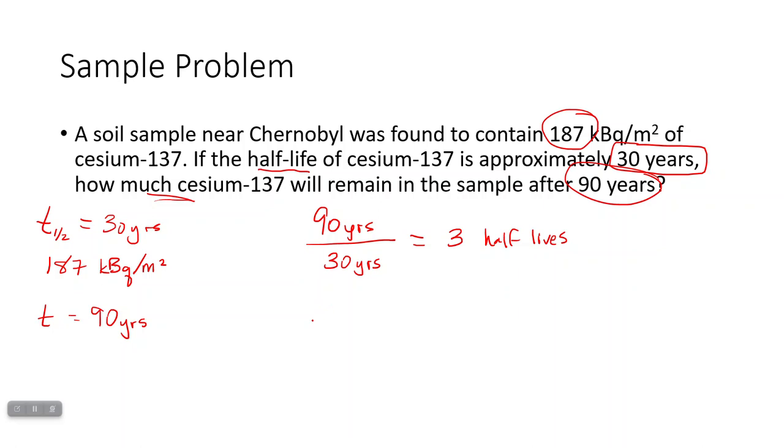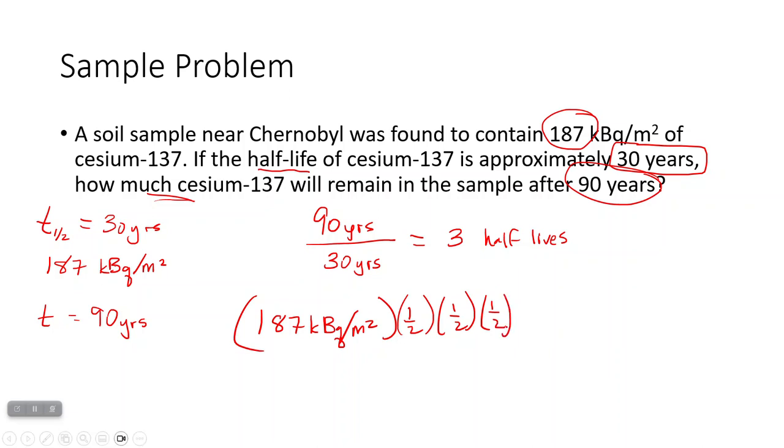So that means you're going to cut 187 kBq per meter squared in half 3 times. So times 1/2, times 1/2, times 1/2.